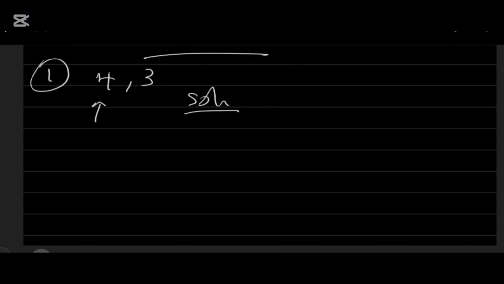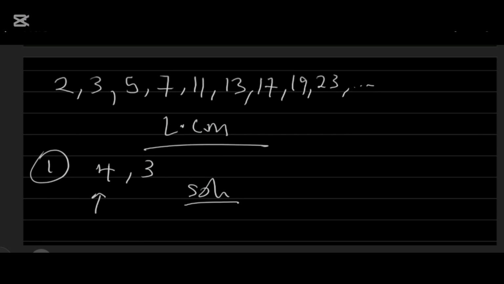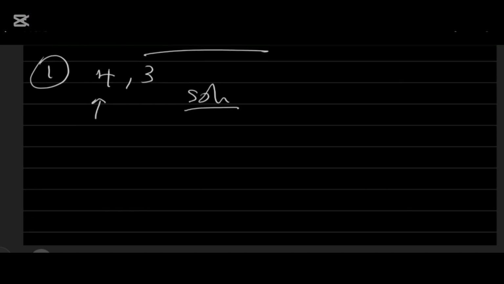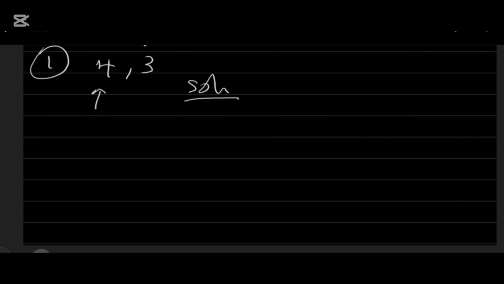We always need prime factors. Prime factors are factors of prime numbers. After that, you deduce if there is a common number, and if there is no common number, you just take all the numbers.